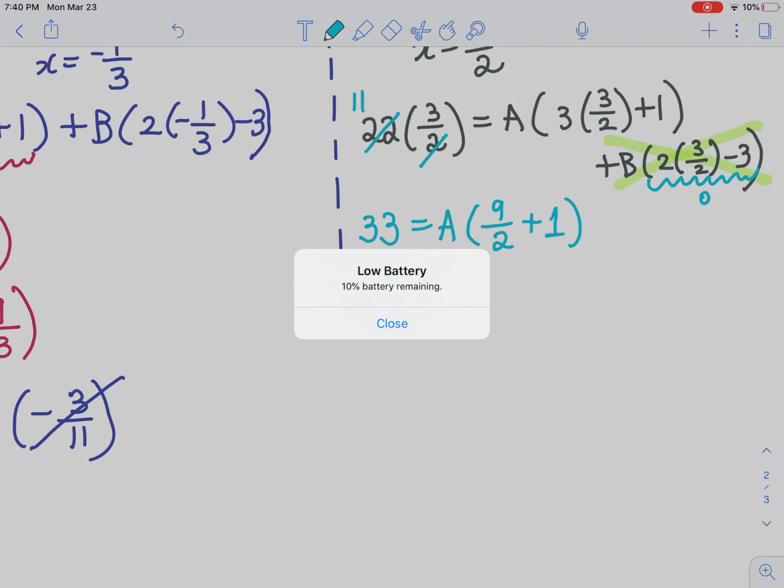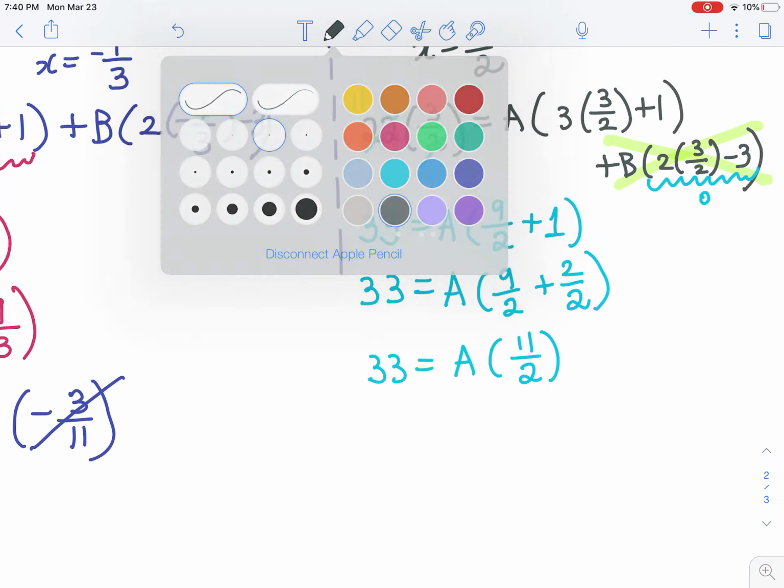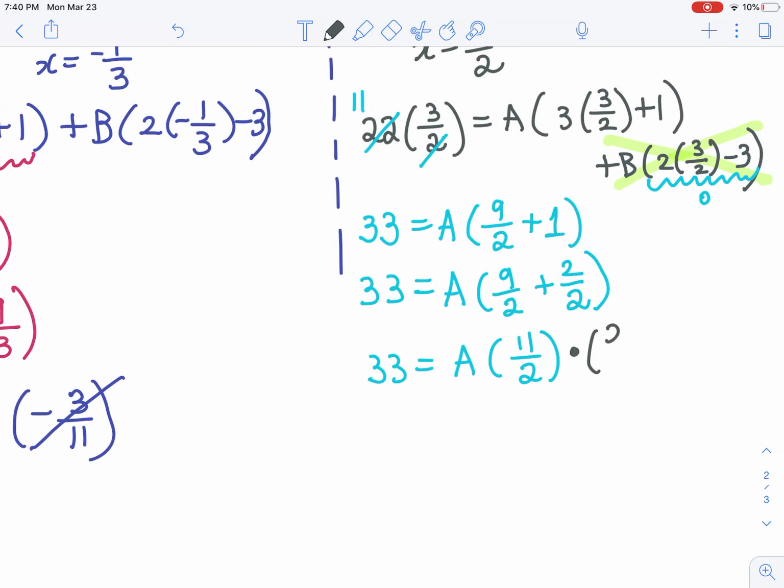Let's keep going. 33 equals, oh no, I should be quick. a times 9/2 plus 2/2. 33 equals a times 11/2.